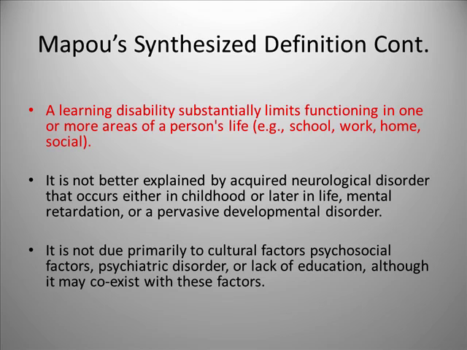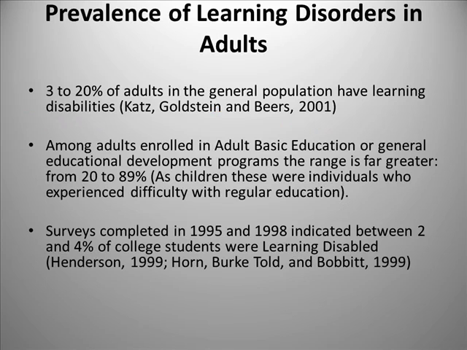That's flagged in red because when we go from DSM, which is defining a disorder, to government legislation that defines a disability, this is a key factor that we have to pay attention to. And then we deal with our rule-out criteria. It's not explained by any neurological disorder, and it's not due to other factors that can limit an individual's ability to acquire information in school life.